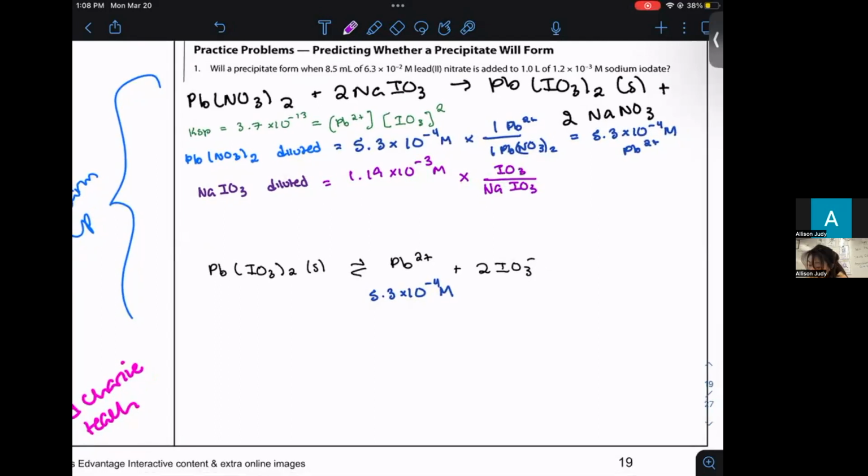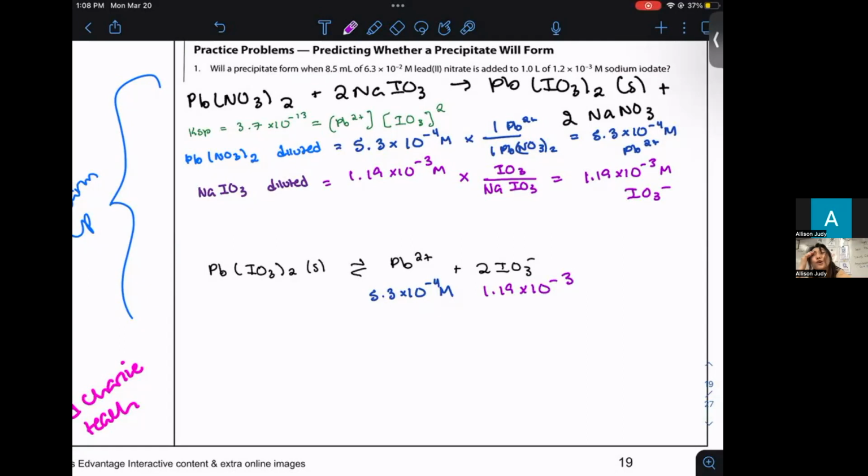So you see here again that we have a molarity of IO3 minus, which is 1.19 times 10 to the negative 3 molarity. Or actually, sorry, the amount in the mixture solution is 1.19 times 10 to the negative 3.